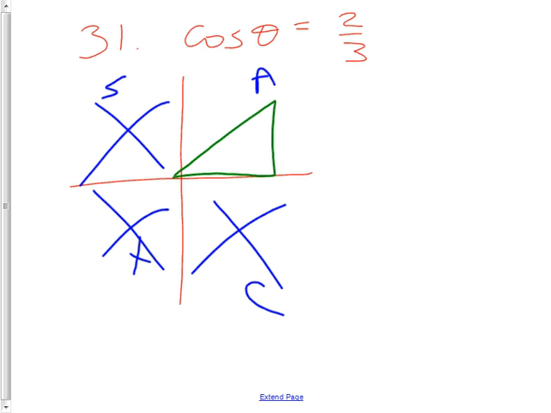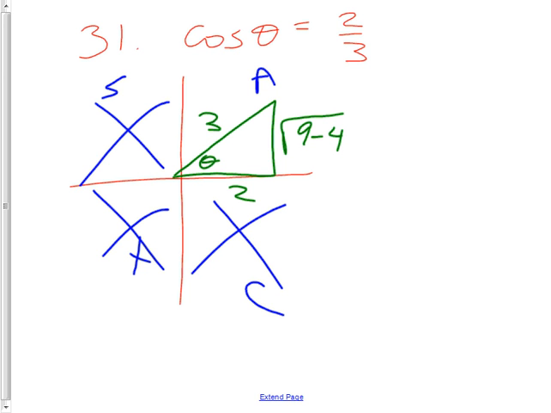And then, once you've got the triangle drawn, you're almost done, right? Cosine, adjacent over hypotenuse, 3. This one's square root of 9 minus 4, which would be 5, square root of 5. Okay. And then you'll just have to figure out what sine and tangent are. Once you've got the triangle drawn, that part will be easy.